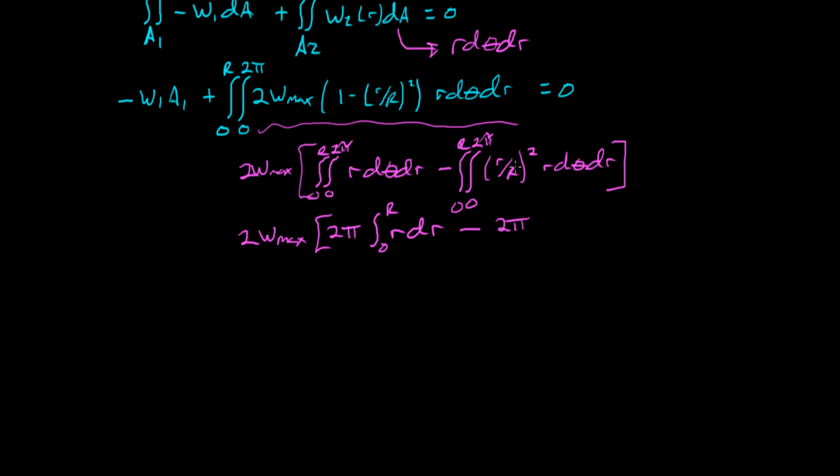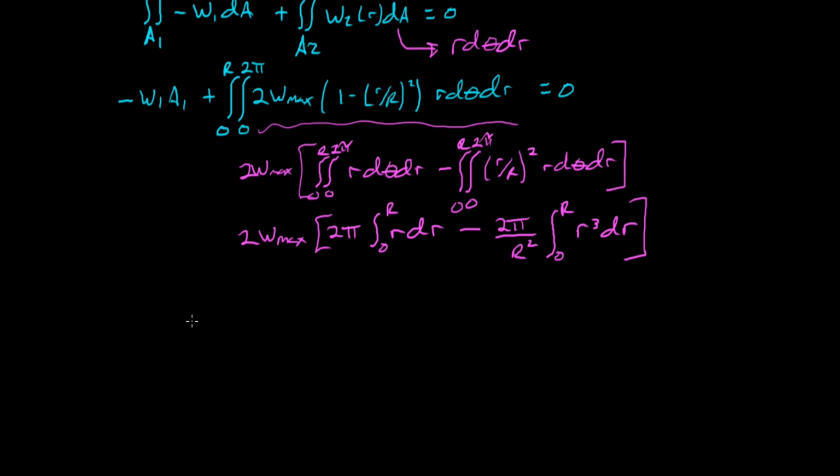This capital R is also a constant, and so I'm going to just go ahead and pull that out as a capital R squared, and we're now left with the integral from 0 to capital R of R squared here plus this extra R gives us an R cubed dr.